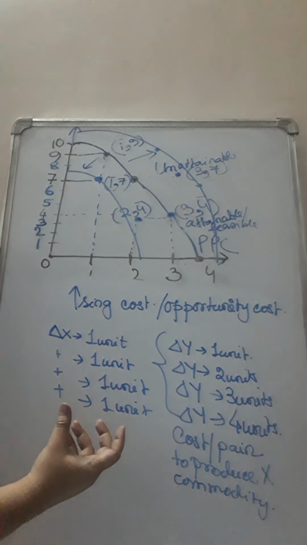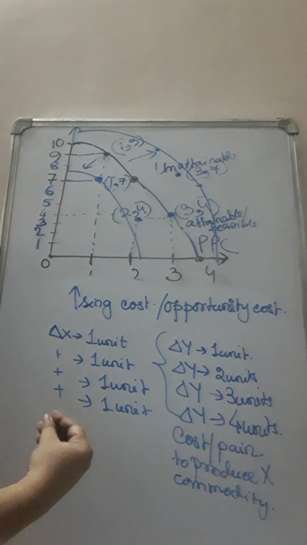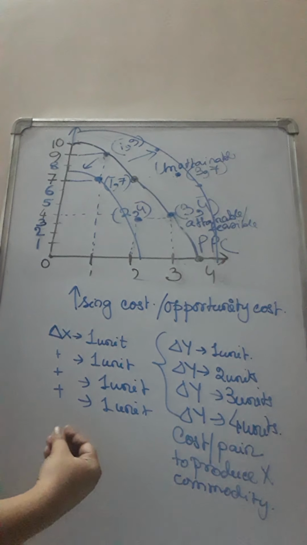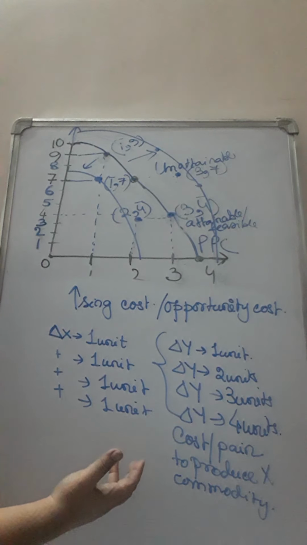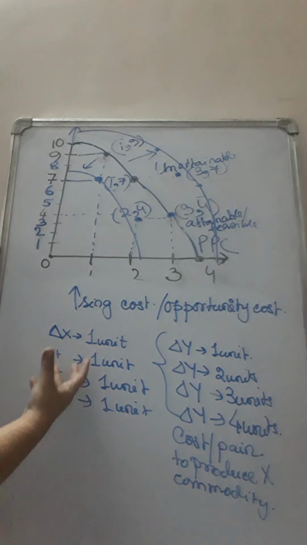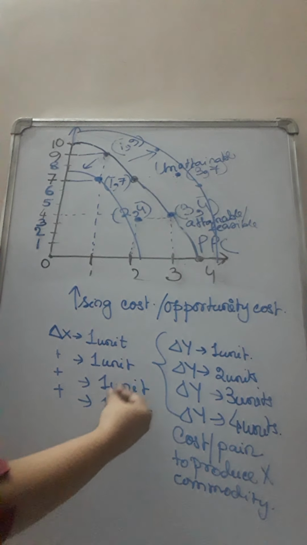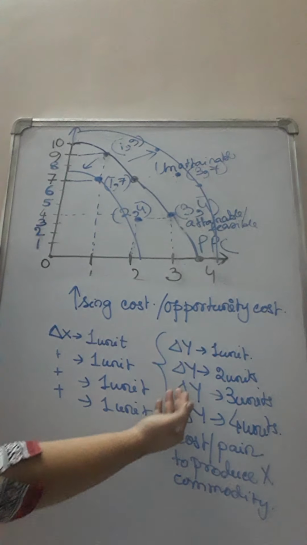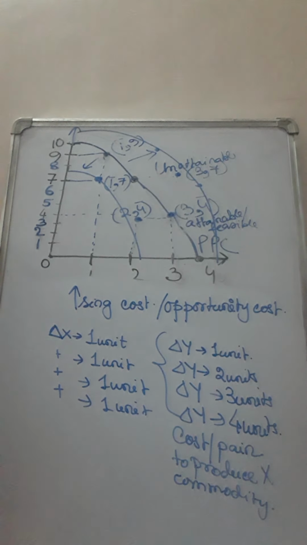Now cost in a monetary sense means when we buy a commodity we have to pay. Cost means a monetary sacrifice. But here cost is measured not in money but in other goods. It means that for producing X we are not sacrificing money but the production of some other good. So that is also the cost or pain undertaken to produce.